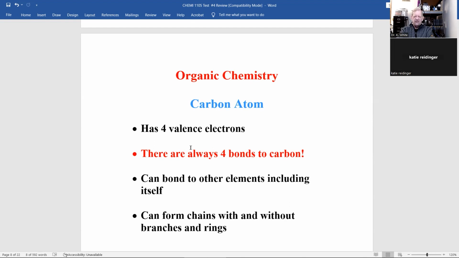Organic molecules revolve around molecules that have carbon and hydrogens linked together in chains. They can be straight or branched.